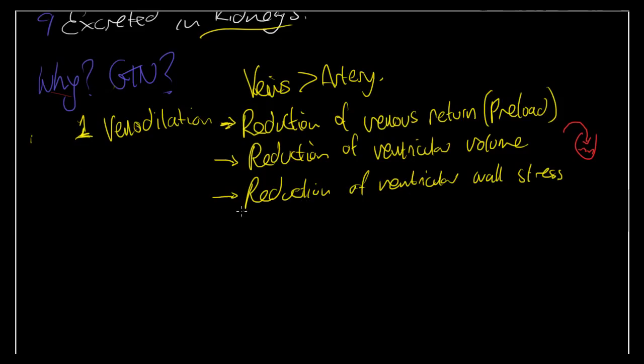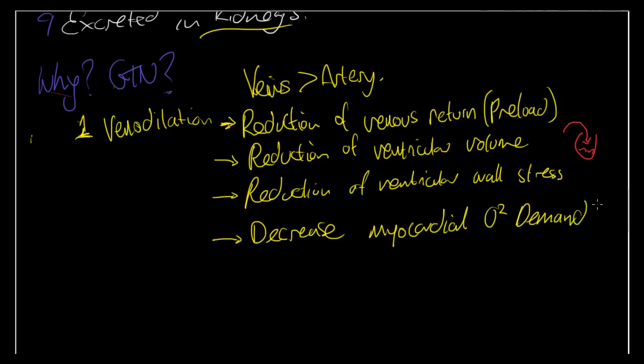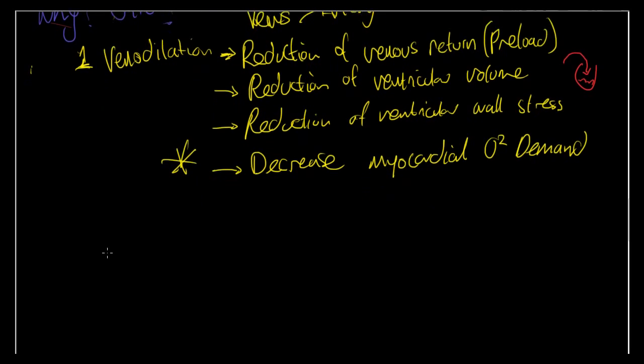All of these things work to decrease myocardial O2 demand, and that's definitely what we want to achieve. That's our number one thing. We don't want to inhibit our stroke volume too much, but this is how we decrease our myocardial oxygen demand.